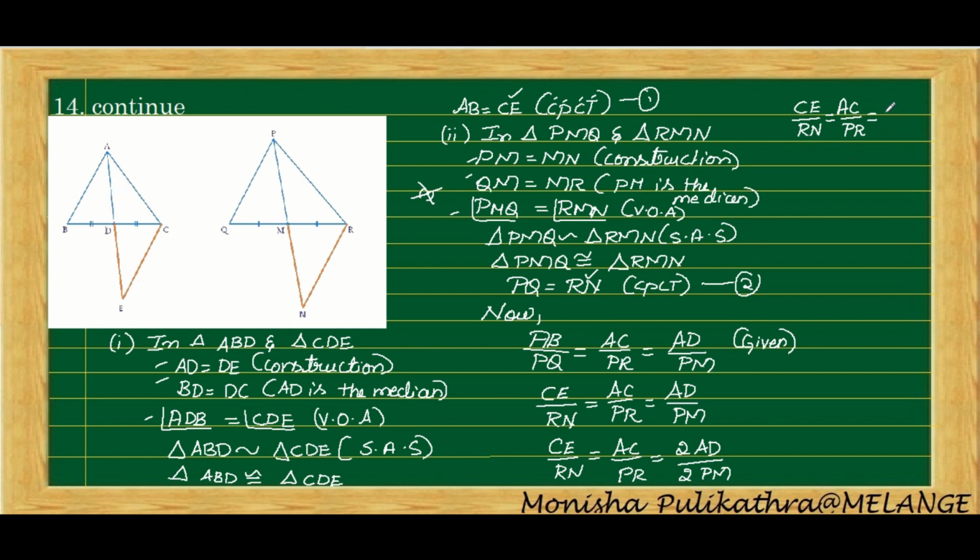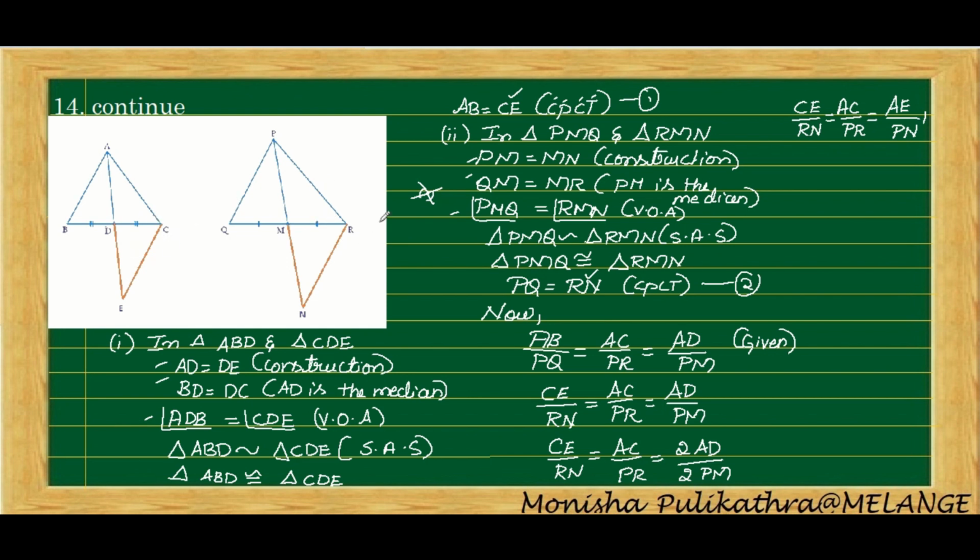Likewise, PM is equal to MN, exactly equal to each other, so twice PM is PN. So instead of 2 PM, we can write PN. So CE by RN is equal to AC by PR is equal to AE by PN. So we got the ratio, right?